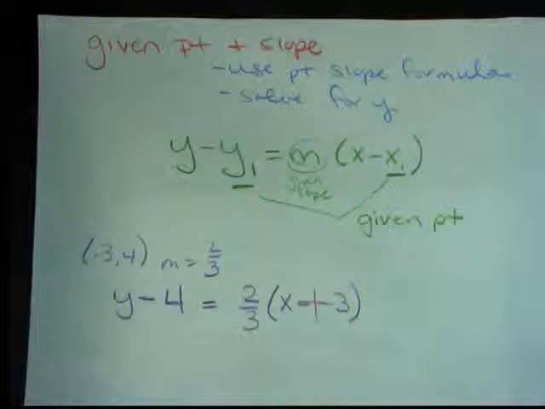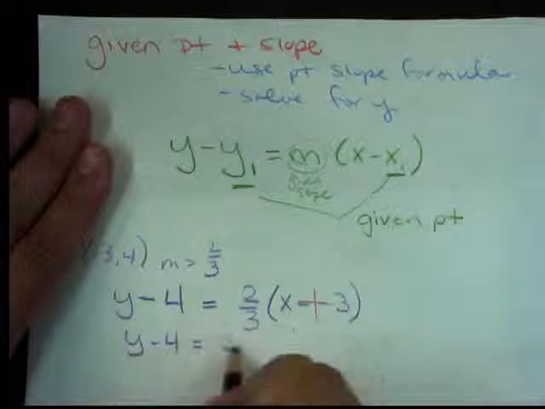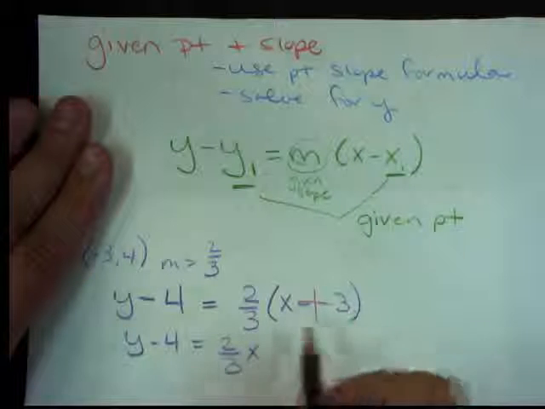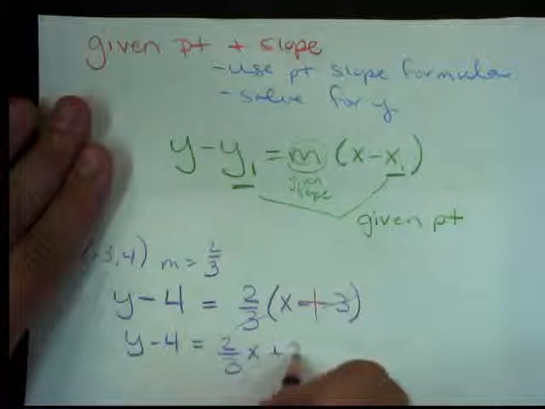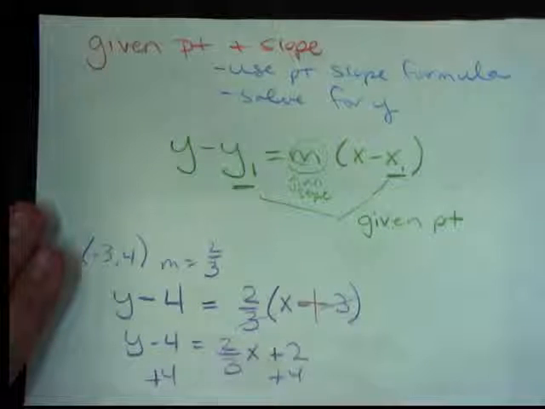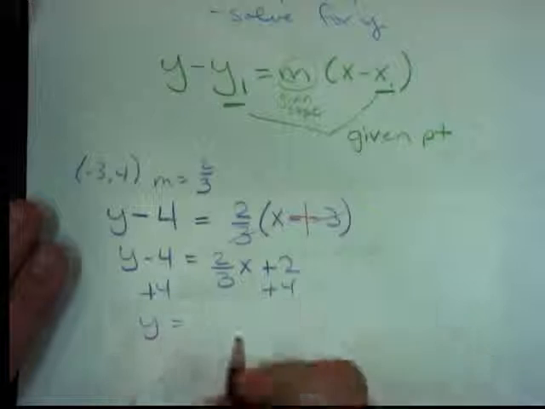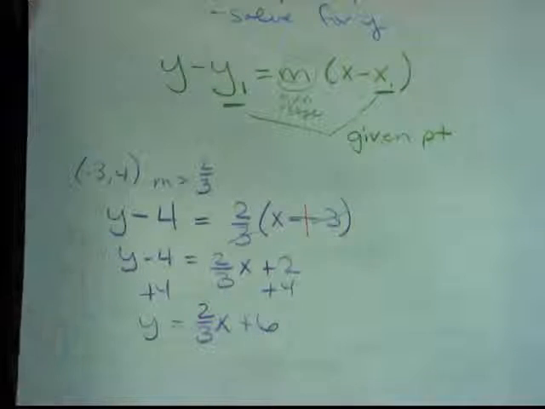First of all, we're going to distribute by order of operations. 2/3 x, and then 2/3 times 3, well, the 3's cancel, so that's plus 2. Add over the 4, so y equals 2/3 x plus 6. And there's your equation. Slope-intercept form and all.